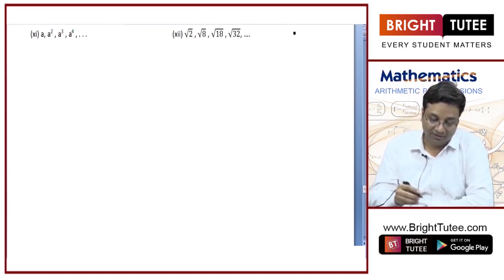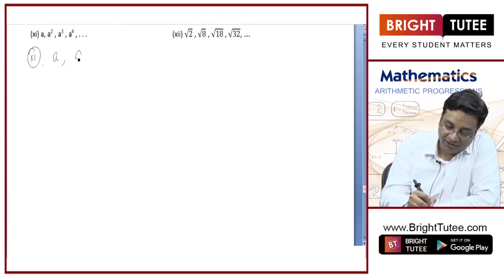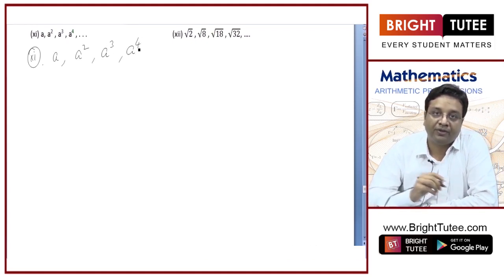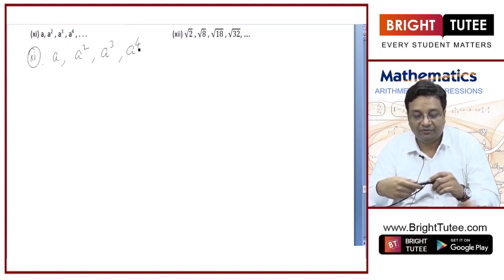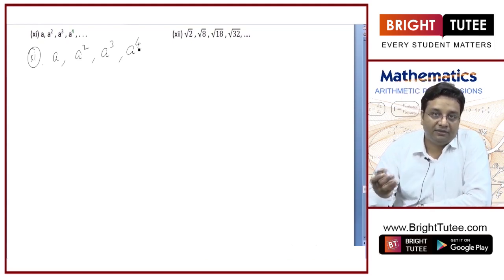In 11th question, the sequence is given as a square, a cube, a raised to power 4. So now students tell me if it is an AP or not. The author hasn't given any value of a, right?